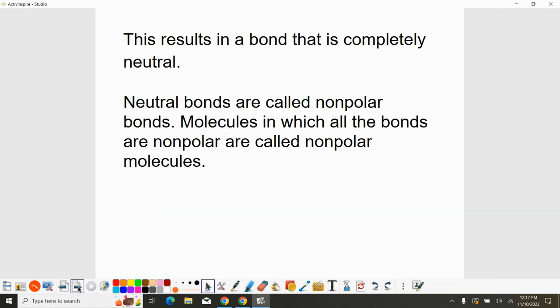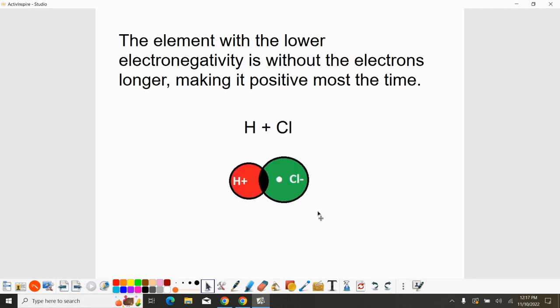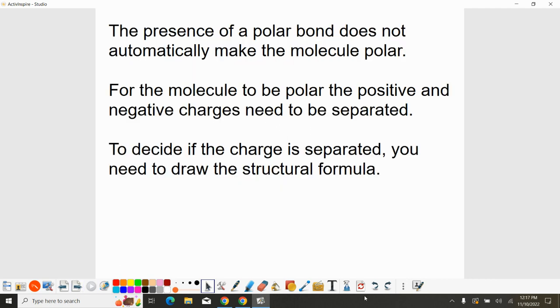So that's in that 0.5 to 1.9 range. They won't share the electrons equally. The electron spends more time around the chlorine than it does the hydrogen. So the chlorine spends most of its time being negative. The hydrogen spends most of its time being positive. We get some weak charges here. That's what polarity and bonds are all about.